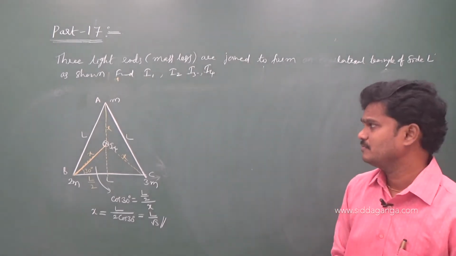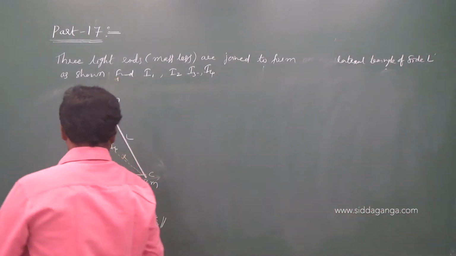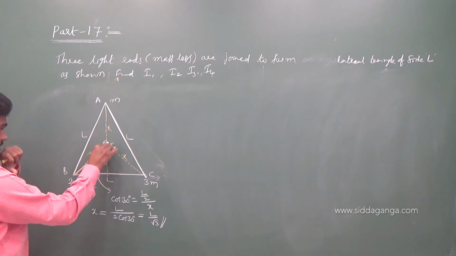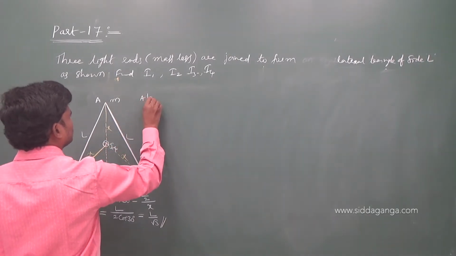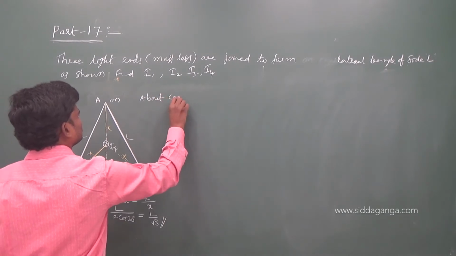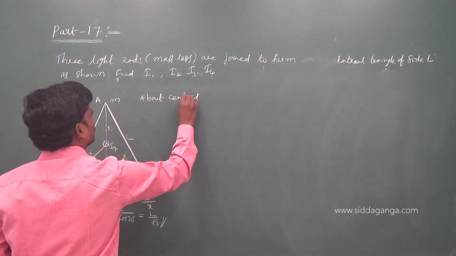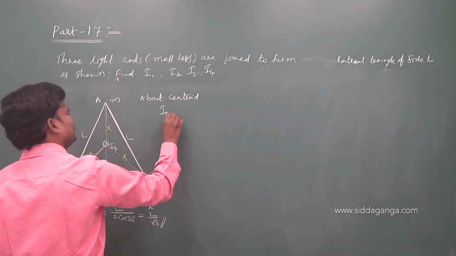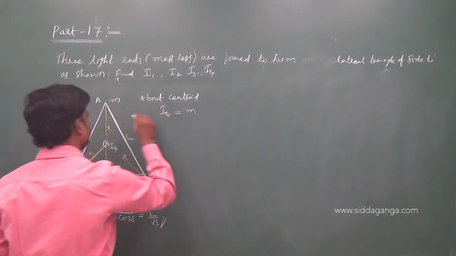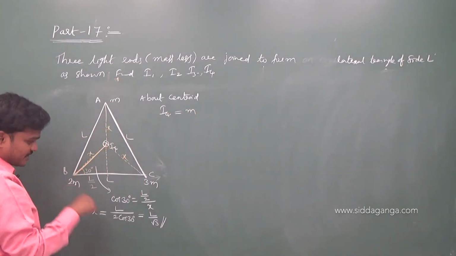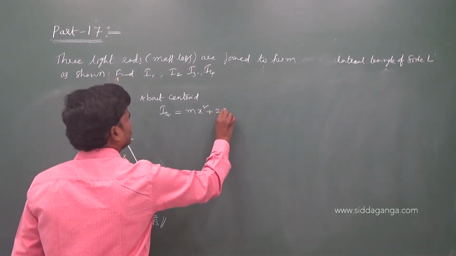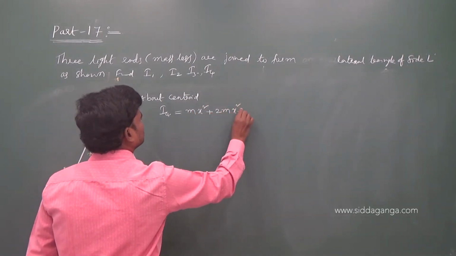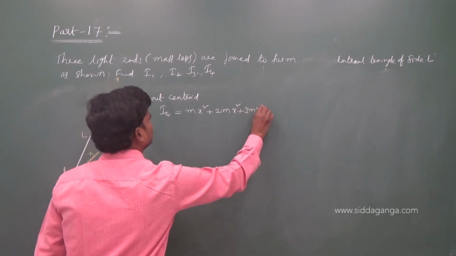Tell me I4. This particle is at a distance of x, then about centroid, I4 is m into x square. What is x? L by root 3. Then 2m into x square, 3m into x square.